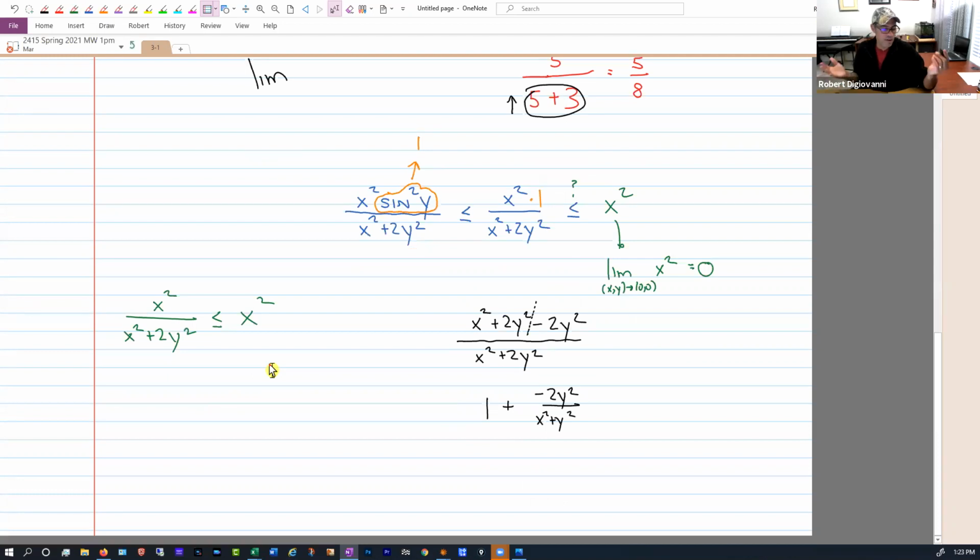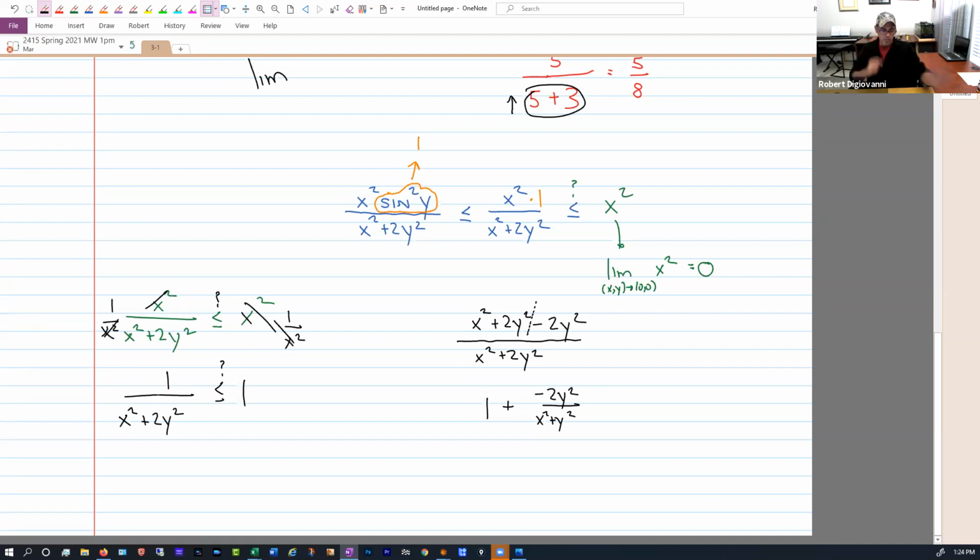All you have to do to convince yourself of this is divide both sides by x squared, or multiply both sides by 1 over x squared. How about that? And then these cancel and you get, is this true, right? I get 1 over x squared plus 2y squared.